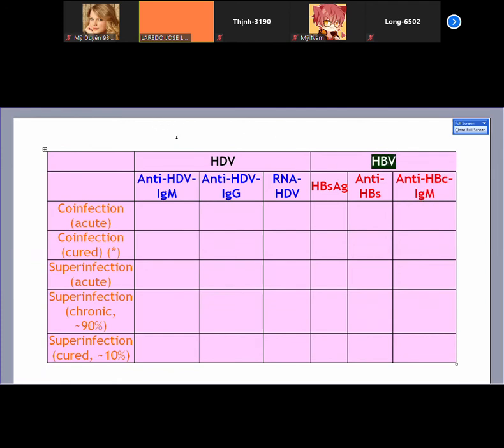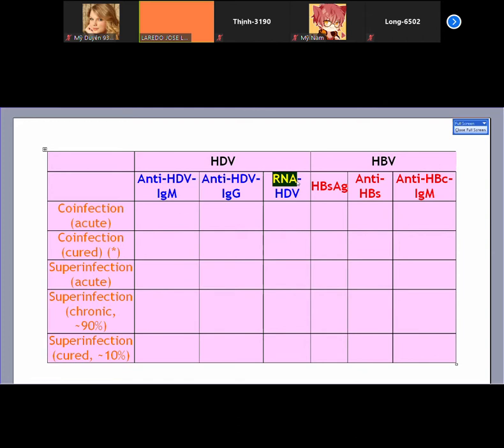Markers to study hepatitis D: IgM against the delta antigen, IgG against the delta antigen, and the RNA by PCR. And we can find 4 or 5 different profiles.